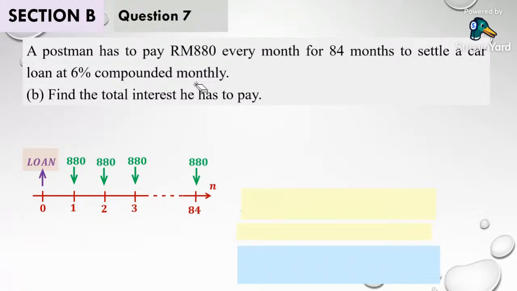So guys and girls, in this question, the total interest he has to pay is actually the total monthly payment minus the loan amount. This loan is not repaid in one shot like we previously learned in the case of simple interest, simple discount, or even compound interest.